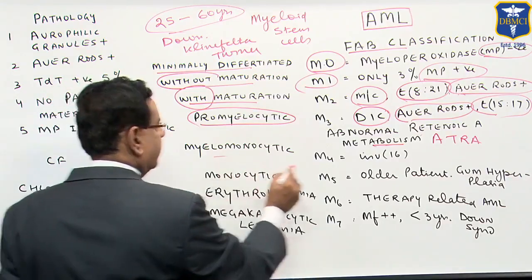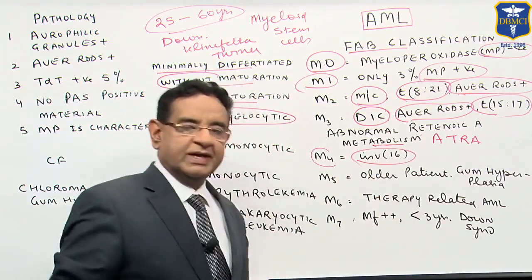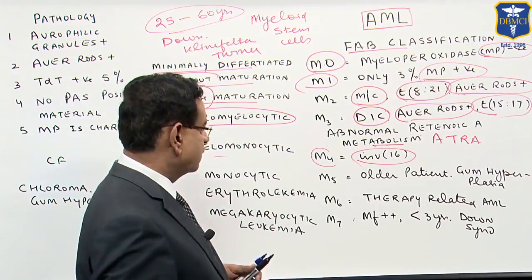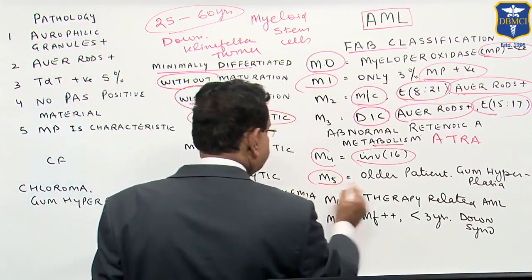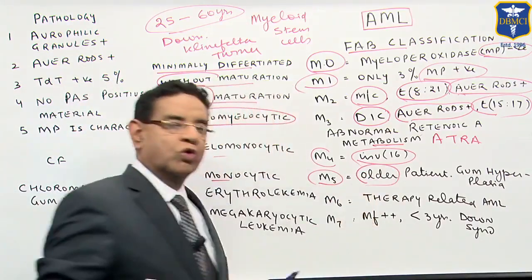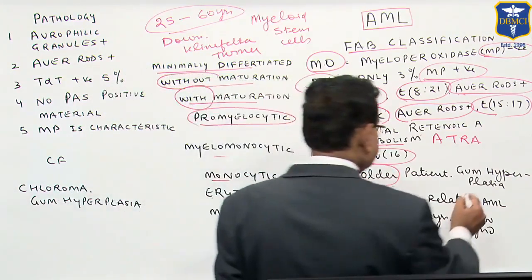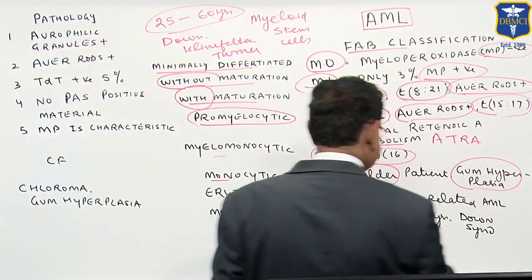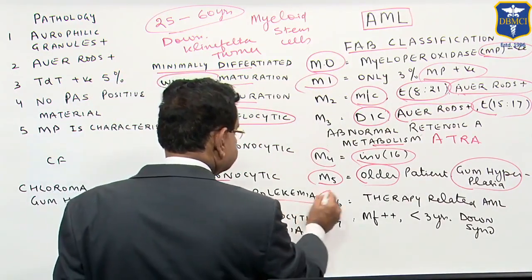Myelomonocytic is M4. It is more associated with inv(16). Monocytic M5 typically involves older people, and the patient has gum hyperplasia. Erythroleukemia is the M6 variety.